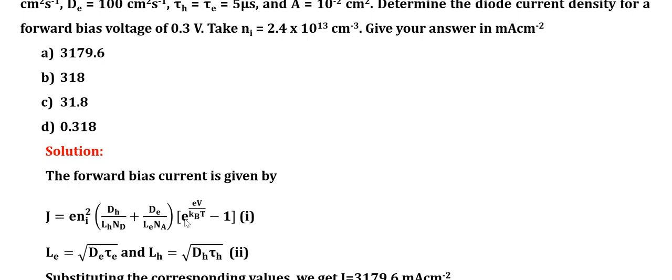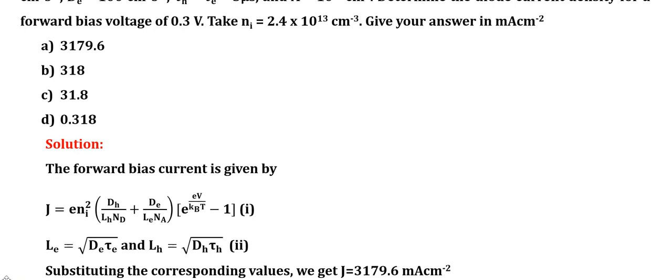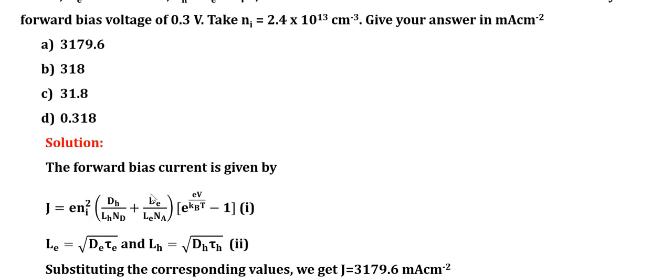You will have to add e power eV by kBT minus 1. If only the reverse saturation part is there, only the initial part. If they are asking for a forward current density, we have to add the e power eV by kBT minus 1 value to the equation. Rest everything is same. Substitution is also same. Is that clear? Yes, ma'am, that is true.